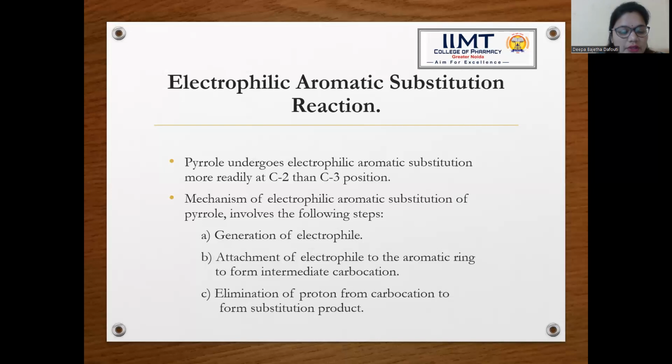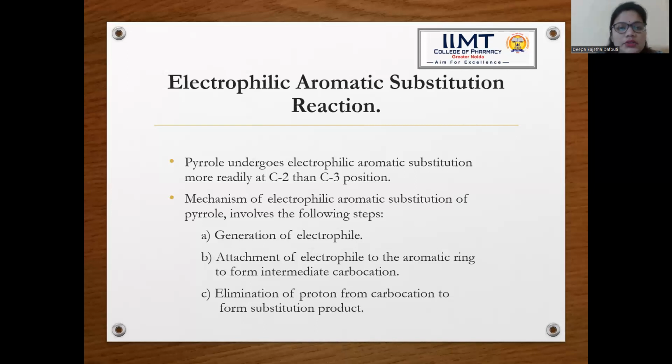Generally, electrophilic substitution takes place at the second position, but when the second position is occupied by an electrophile like halides or any stronger electrophiles, then substitution occurs at the third position. When there is more charge distribution, there are more resonating structures and more stability of the compound.